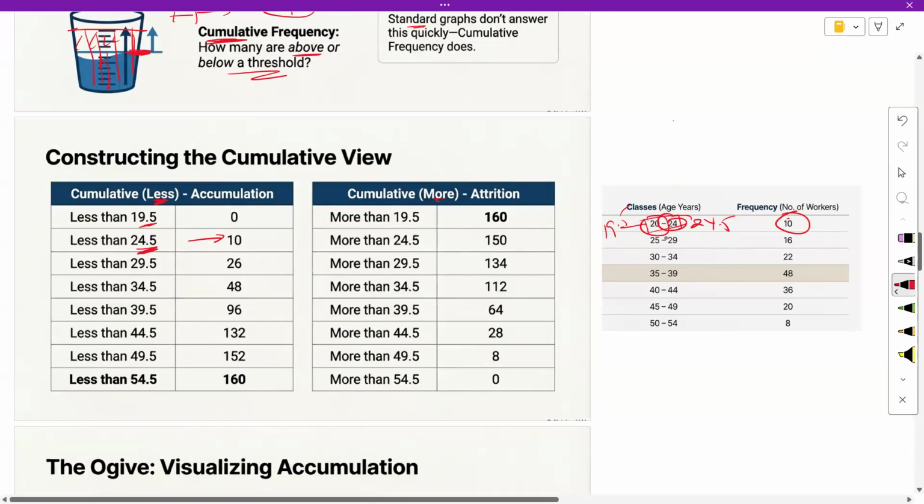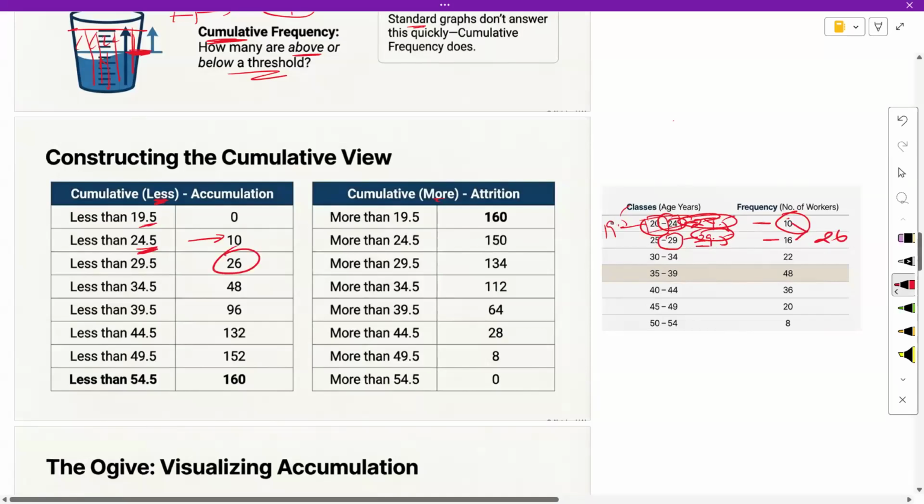Now, next, less than 29.5: below 29.5 is 16 plus 10, because the less than 29.5 includes this group as well. So 10 plus 16, 26.